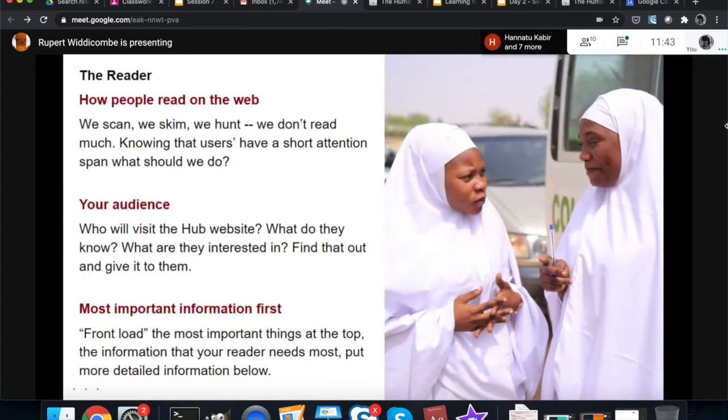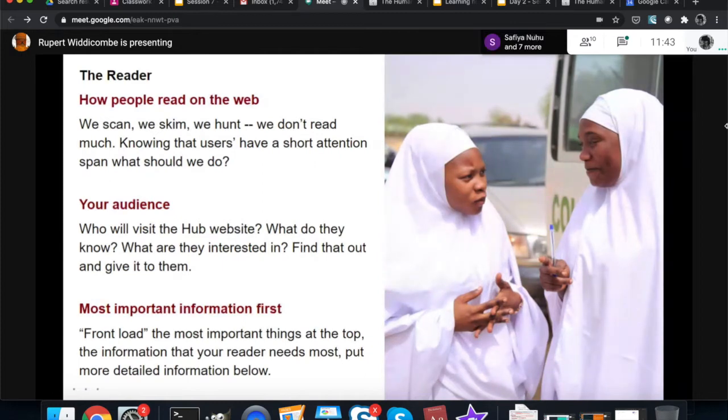So we have to bear that in mind. We have to really work hard to capture attention and keep it. We've got to give people what they want. We've got to think about what it is they want to know, and then make sure that we give them the information that they're looking for, and put it prominently where they can see it.